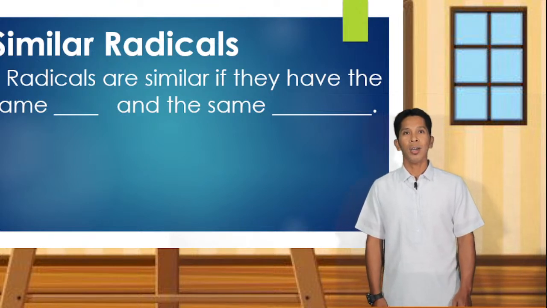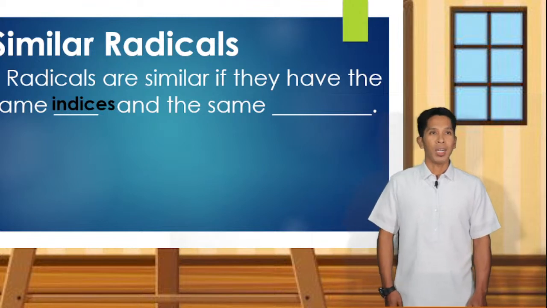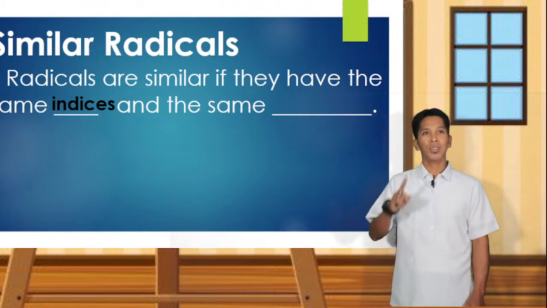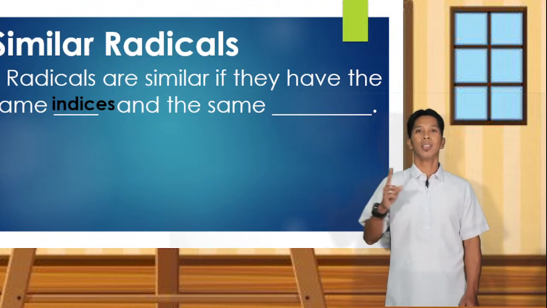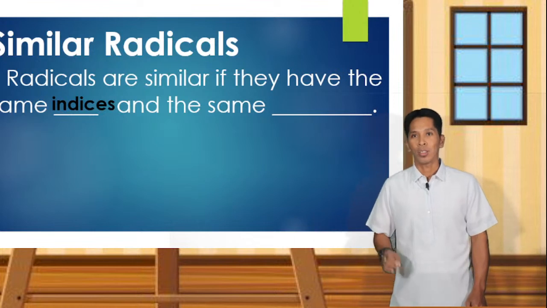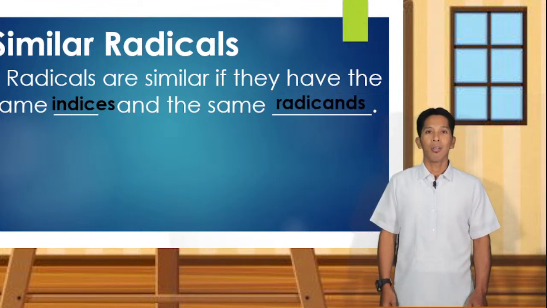If your answers are indices and radicand, then you are correct. So remember, radicals are similar if they have the same indices and the same radicand. These two must be satisfied.